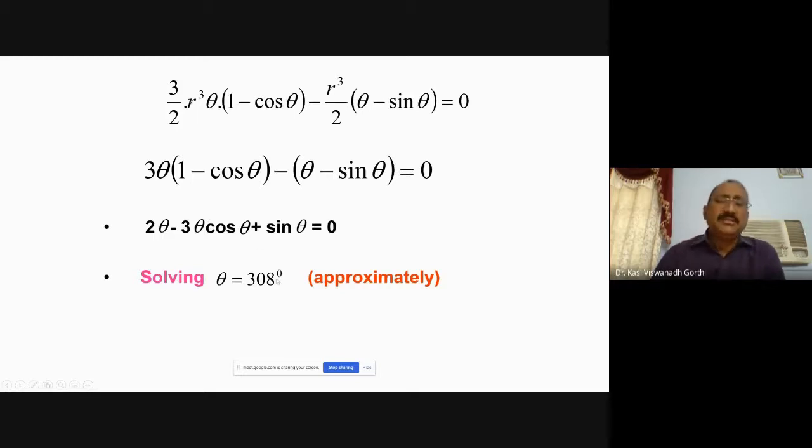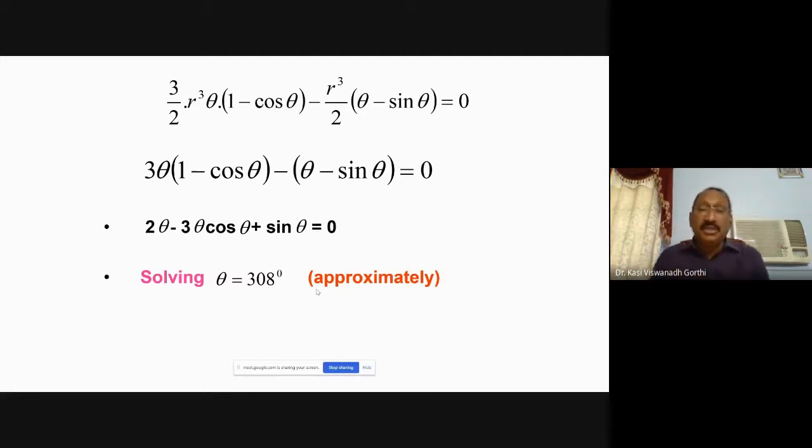Solving this equation, theta is equal to 308 degrees. So we have obtained a condition for the maximum discharge in a most economical circular channel section: theta must be equal to 308 degrees.